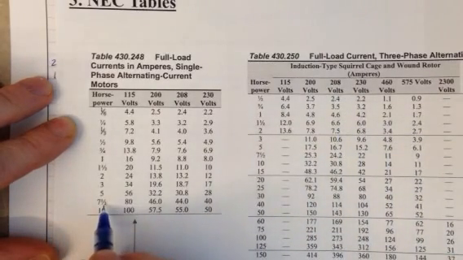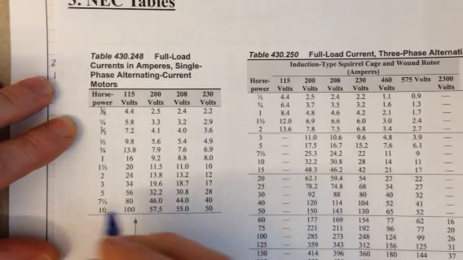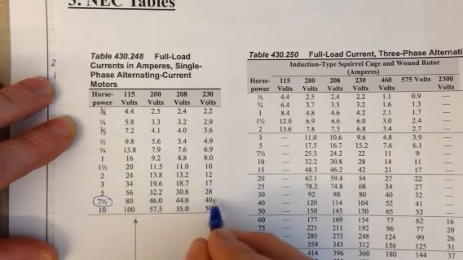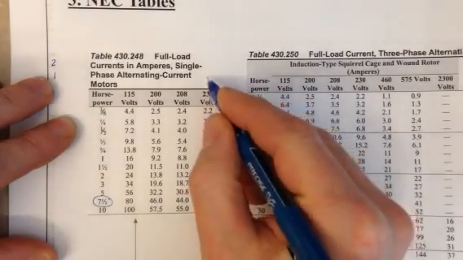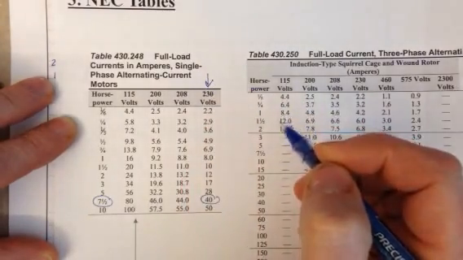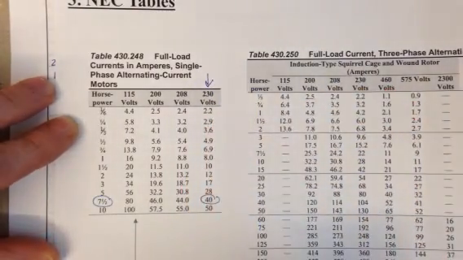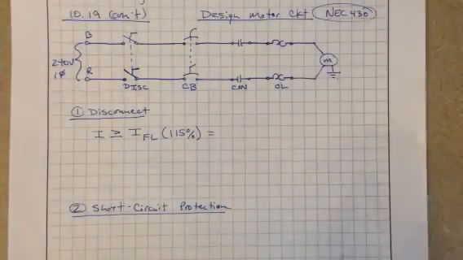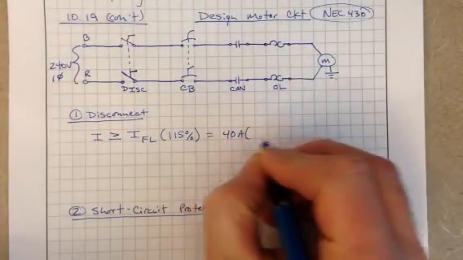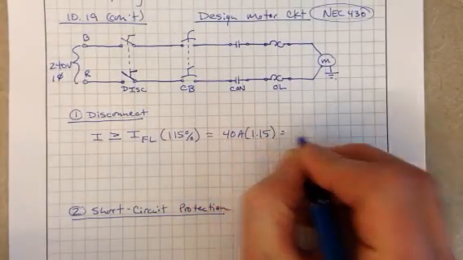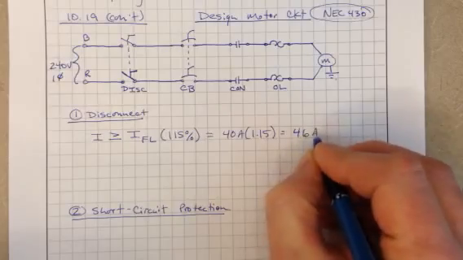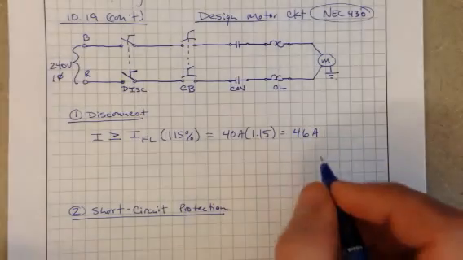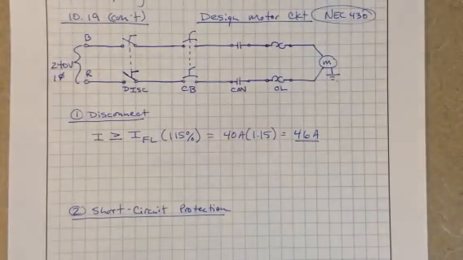Looking at the 7.5 horsepower motor, we come across to 40 amps, because that's our 230, 240. We can estimate that to the 40 amps. So we're going to use 40 amps for our full load current. So 40 amps times 1.15 equals 46 amps. So we need to have a disconnect that's rated at least 46 amps.